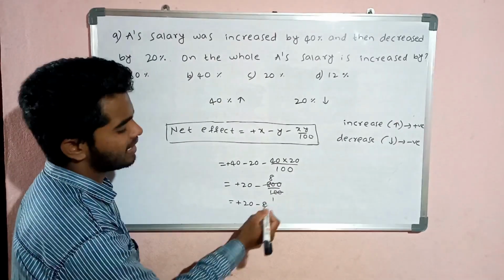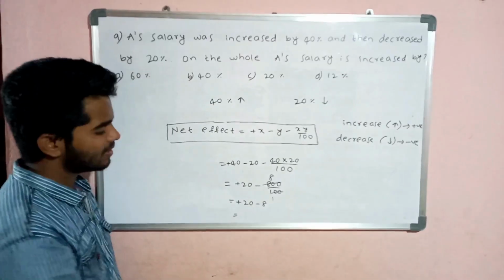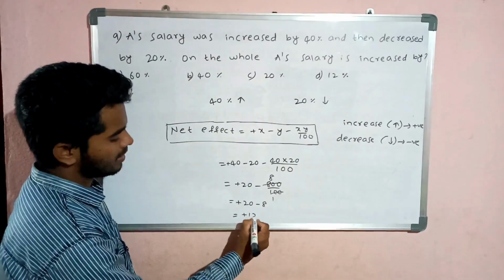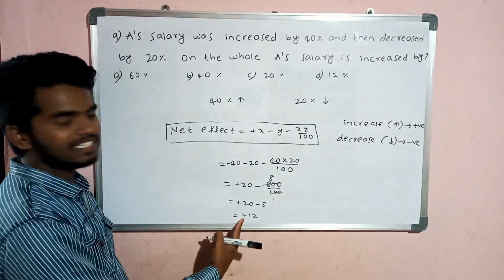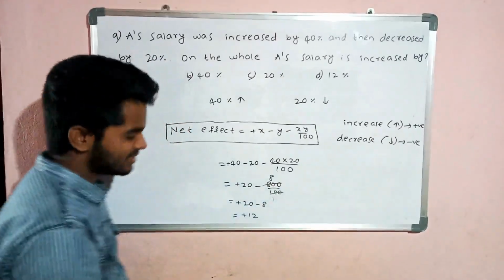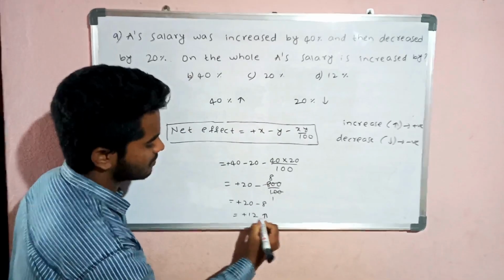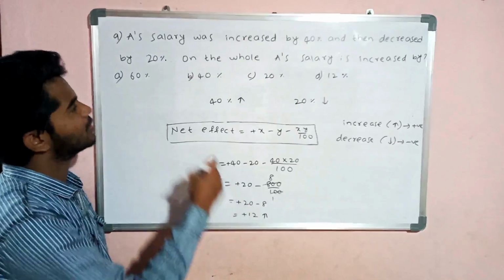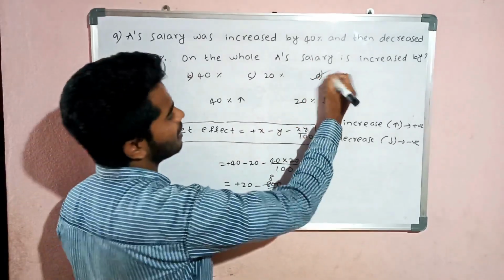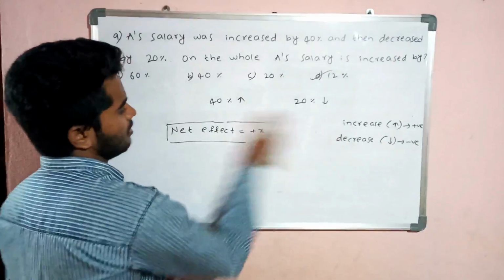Plus 20 minus 8 equals plus 12. Plus is positive, and positive is increase. So 12% increased. Option D.